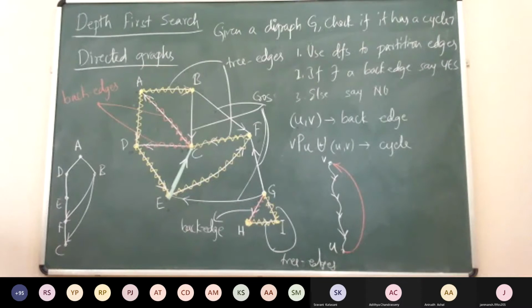So can we also see how other edges, the cross edges and forward edges, can contribute to cycles? They might contribute to other cycles.